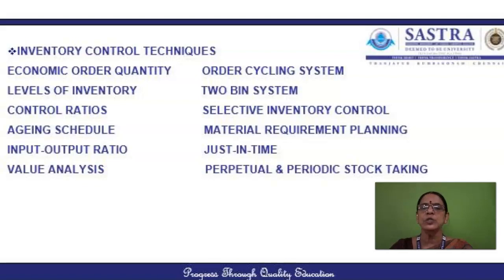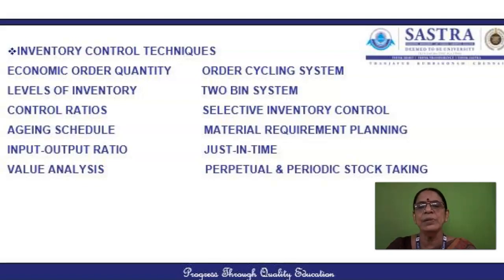A standard ratio must be set under the circumstances prevailing in the organization. Comparing the actual ratio with the standard ratio, the real performance can be judged. If the actual ratio is higher, the performance is below the standard, whereas if the actual ratio is lower than the standard, the performance is better than the standard.